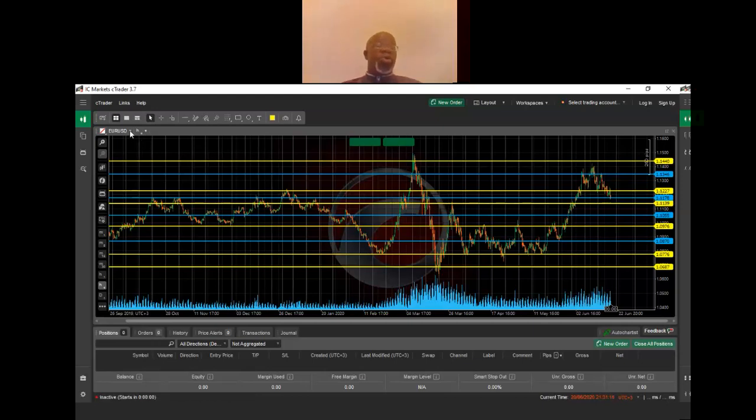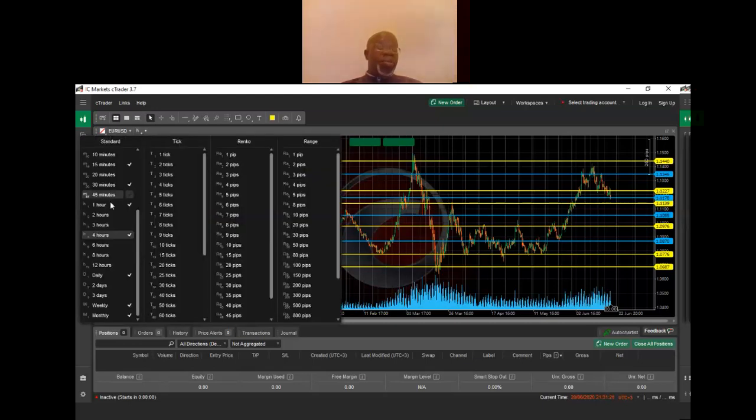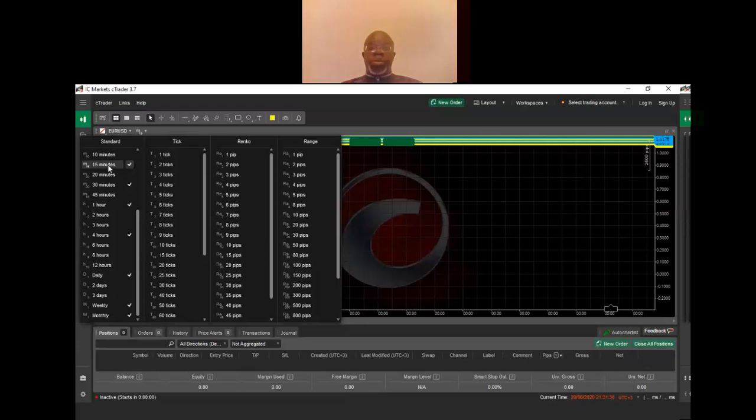So assuming that now you want to trade the 15 minutes or even the 1 hour. So if you go to 15 or 1 hour, let's take 15. We'll see how spread they are.